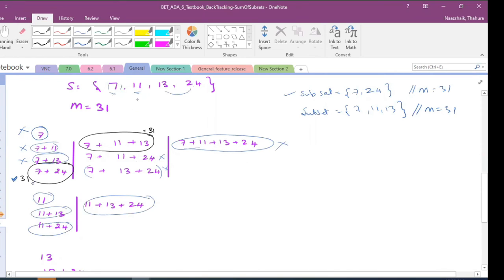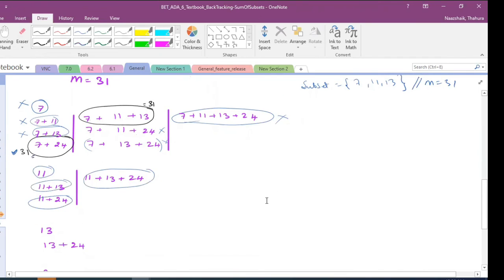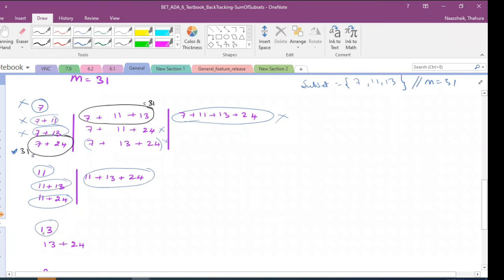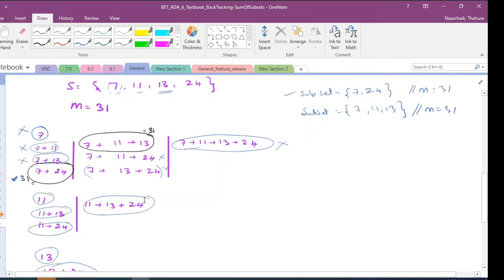Right? This is another possibility. Then the next possibility is you have tried all combinations with this, all combinations with this. Pick 13. Right? You have two choices with 13, either alone or together, right? And finally, you pick only 24 and see.